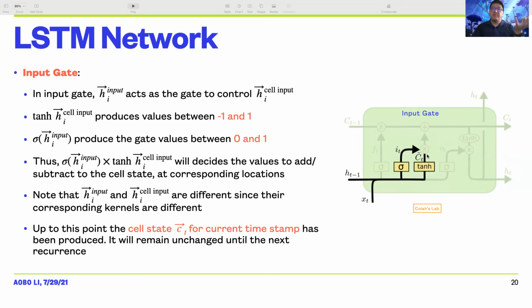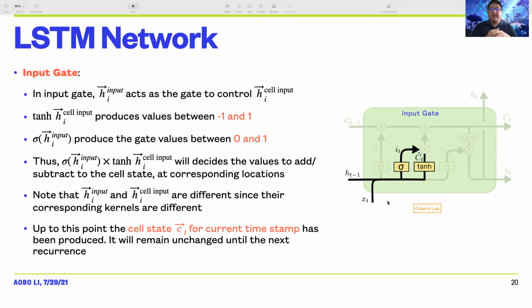You multiply this value between 0 and 1 to a value between -1 and 1. This gives you the amplitude of the information you want to input into the cell state. Basically, it tells you what value you want to add or subtract to the cell state at the corresponding location, which here is x_t.